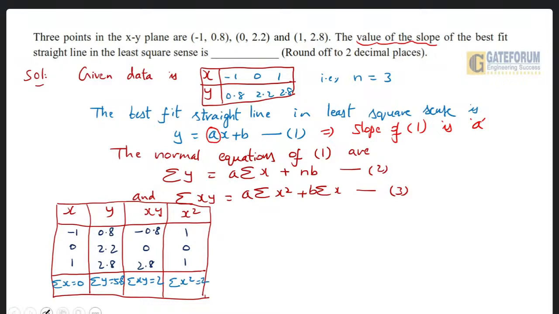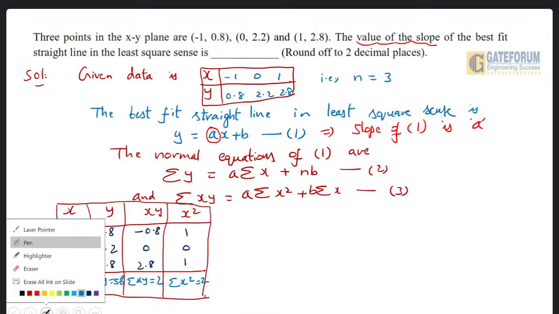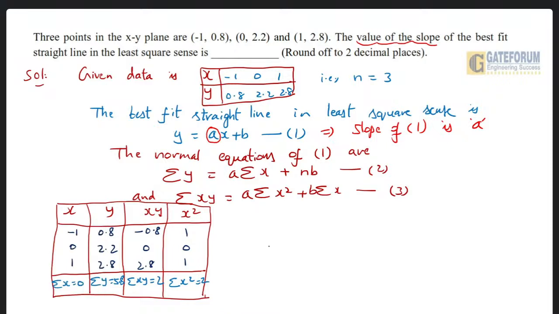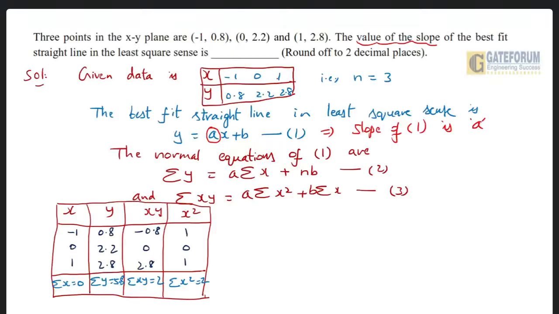Now, therefore, substituting all these in 2 and 3. Therefore, equations 2 and 3 becomes 5.8 is equal to 3b. Where I put this 8.8. N value 3. A value we don't know.